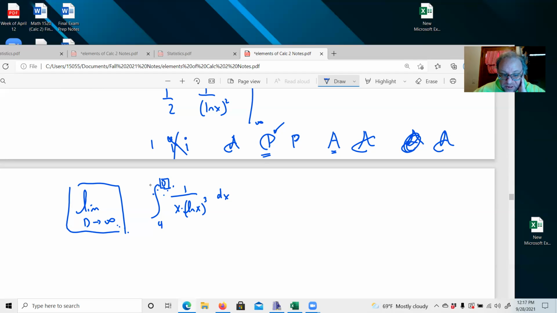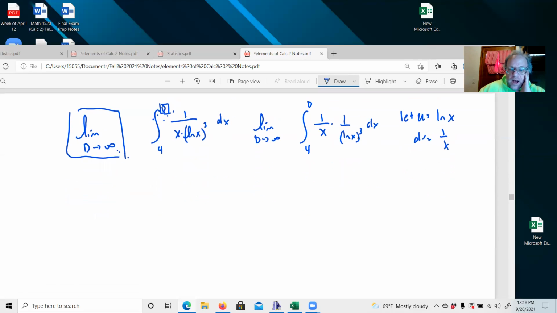So we're going to go through the same process. Limit as D goes to infinity, integral from 4 to D of 1 over x ln x cubed dx, that is 1 over (ln x) cubed. Let u equal ln x, du equals 1 over x dx.